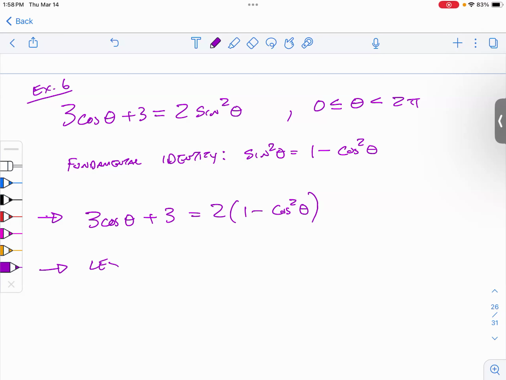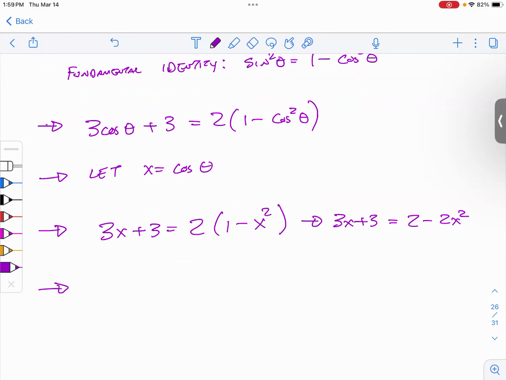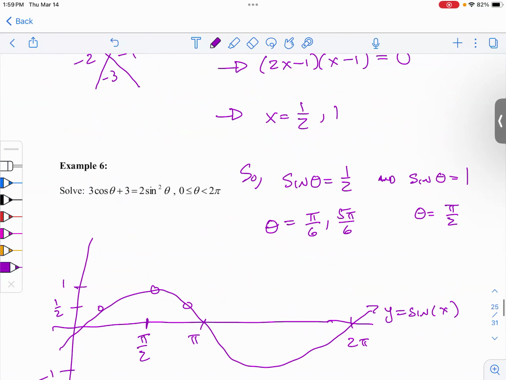So let x = cosine theta. And then I have a quadratic to solve. With all quadratics, we get them equal to 0. And that's almost the same diamond we just had. Is that exactly the same? Oh, no, off by a sign.